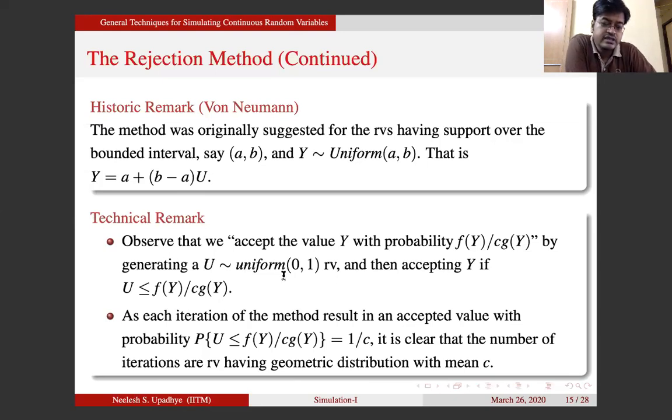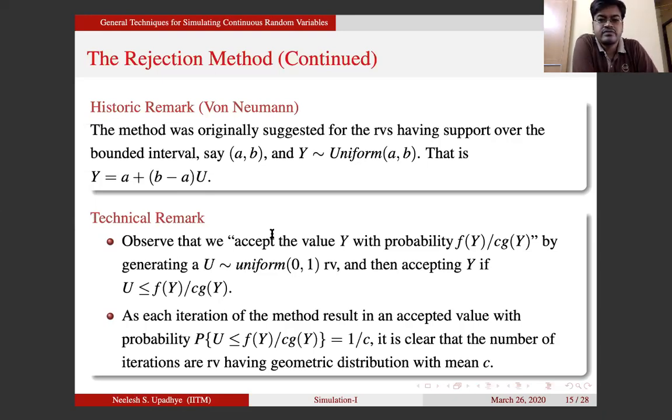So essentially, it is either a success or a failure. So we are having Bernoulli trials with probability 1 by c. Correct? So the number of iterations required will follow a geometric distribution with mean c. That should be clear, which is quite obvious from the way the method works.